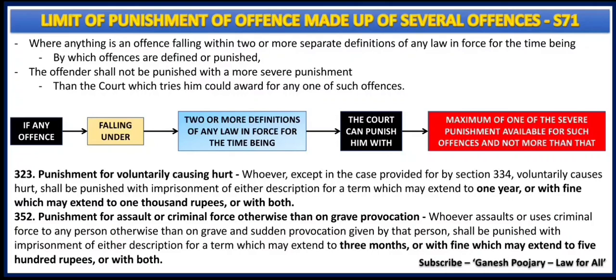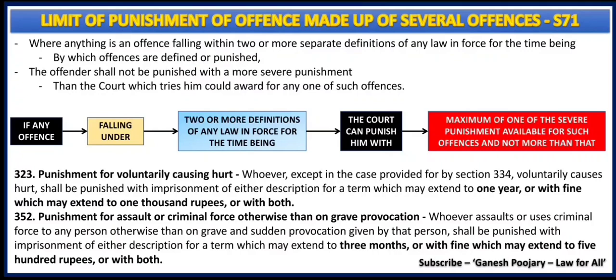So here what will be the punishment to Mr. A? Section 323 says the maximum punishment can go up to 1 year of imprisonment or with fine which may go up to 1000 rupees or with both. Whereas 352 says the imprisonment may go up to 3 months or fine of 500 rupees or with both.